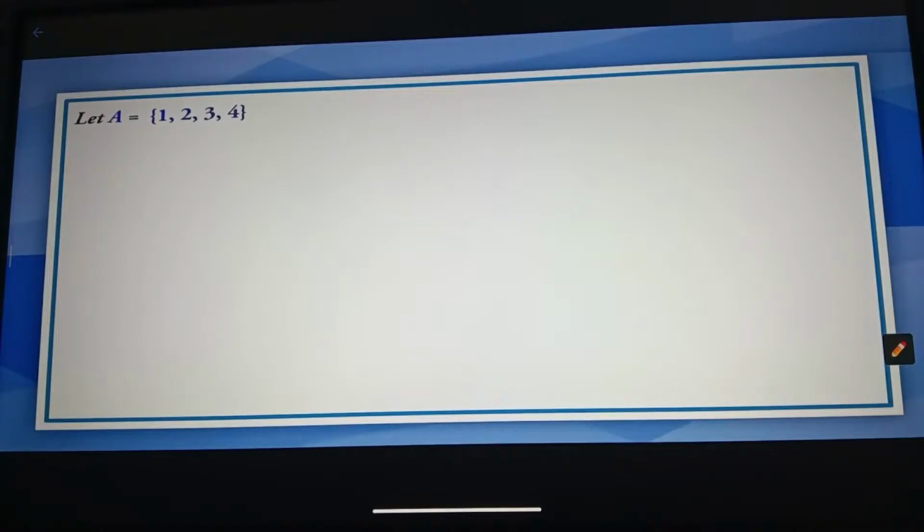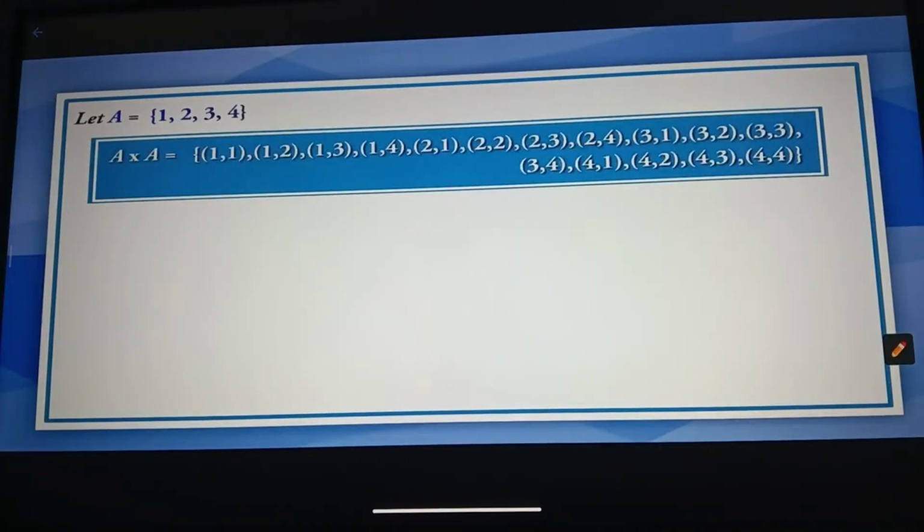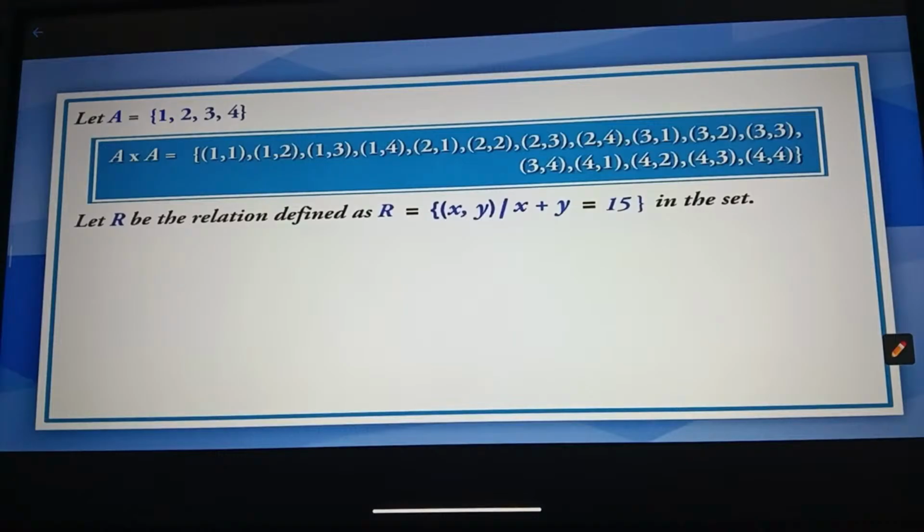Consider set A with elements 1, 2, 3 and 4. The Cartesian product of A with itself consists of 16 ordered pairs as shown here. Let us define a relation R on A, defined as the set of all ordered pairs (x, y), such that x plus y is equal to 15.